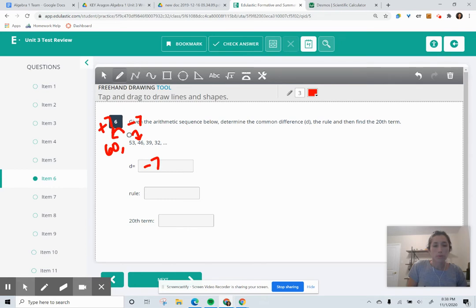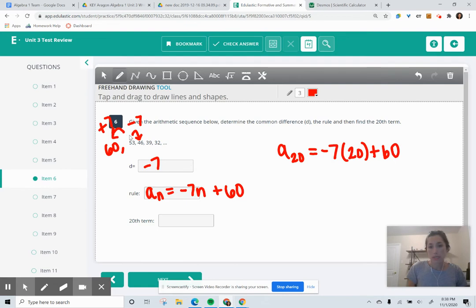So we're going to write our rule as a sub n equals dn, so negative 7 times n plus 60 is what we're starting with. And then if we want the 20th term, a sub 20 is going to equal negative 7 multiplied by 20 plus 60. So negative 7 times 20, that's going to be negative 140 plus 60.